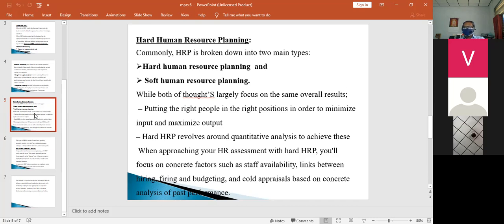Next, the concrete analysis of past performance means every year we used to conduct these appraisals once, twice, or thrice in a year in order to know the performance of an employee.